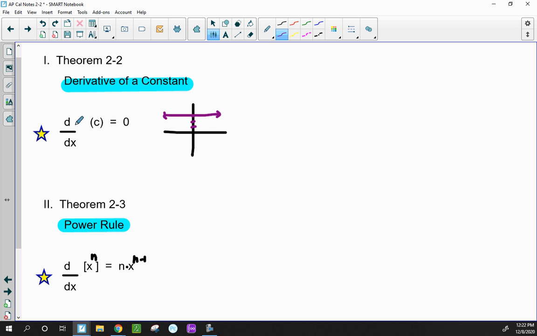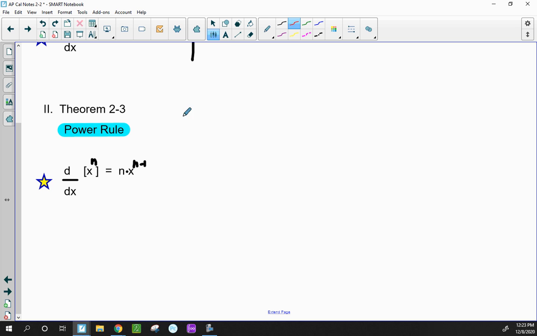The derivative with respect to x of 3 is going to be 0 because derivative means slope, and the slope of the horizontal line is 0. That's one way to think about it. Also, dealing with tangent lines, you would have to consider the line that is touching that point, or any point for that matter, and it's still going to model the same direction.